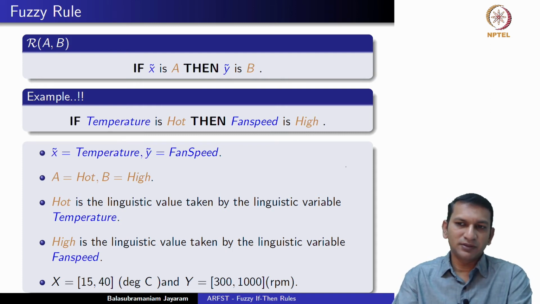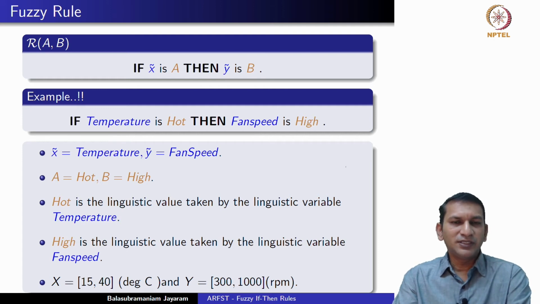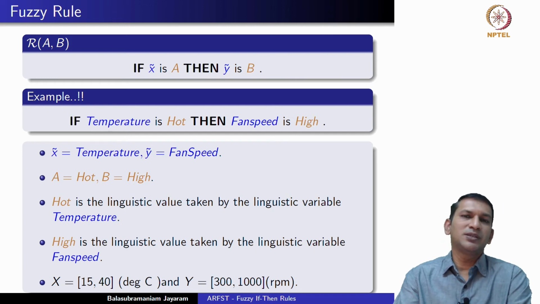Here we have simply assumed it to be 15 to 40 degrees centigrade, and Y relates to the fan speeds that can be considered. So in terms of RPM, perhaps we could consider the interval 300 to 1000. So clearly you see here the third interpretation of fuzzy propositions as linguistic variables assuming some linguistic values kicks in.